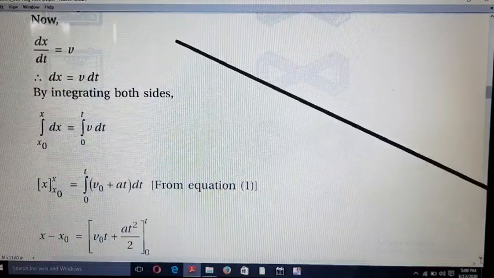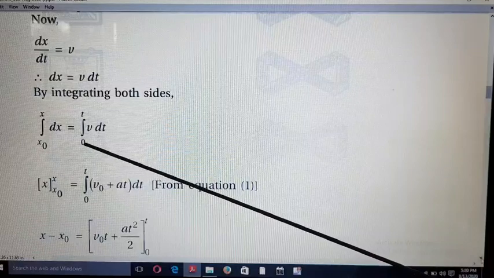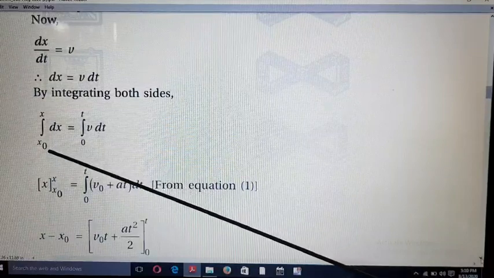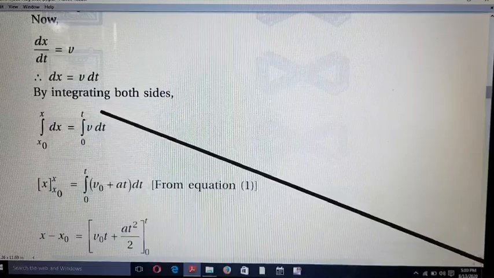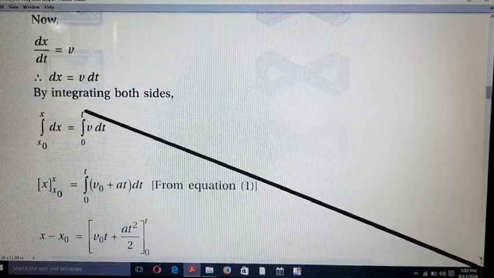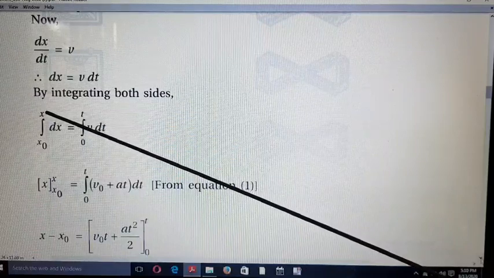Friends, now again we assume when time t is equal to 0, the initial position of the particle is x0, and at time t, its displacement is x.